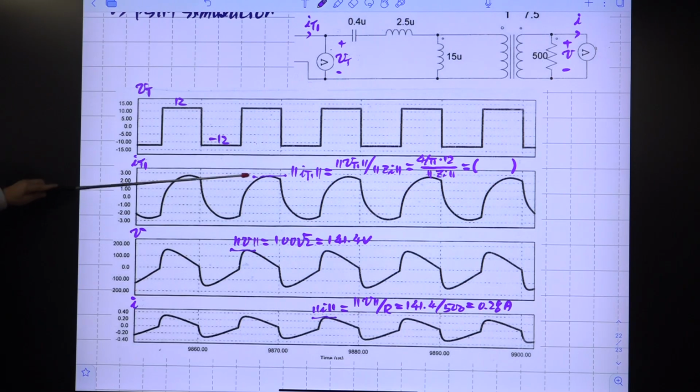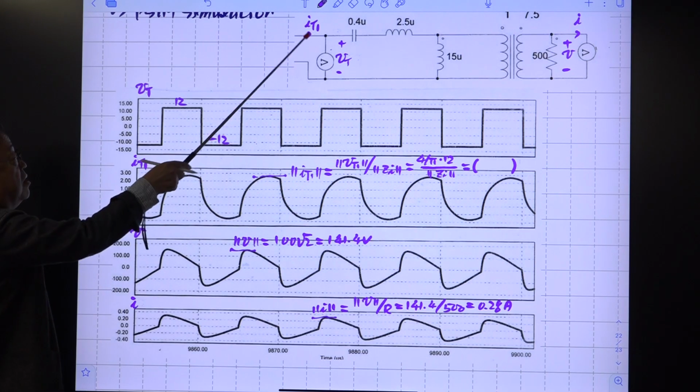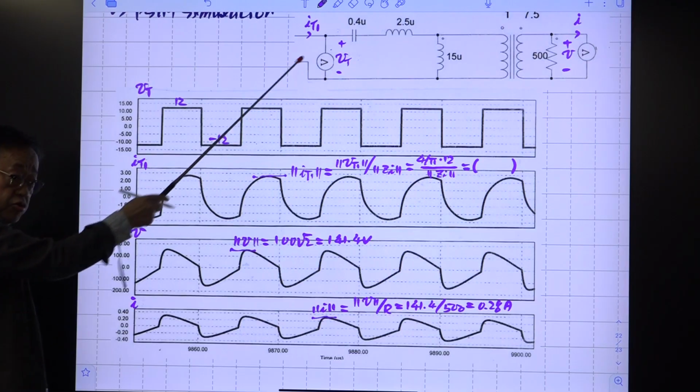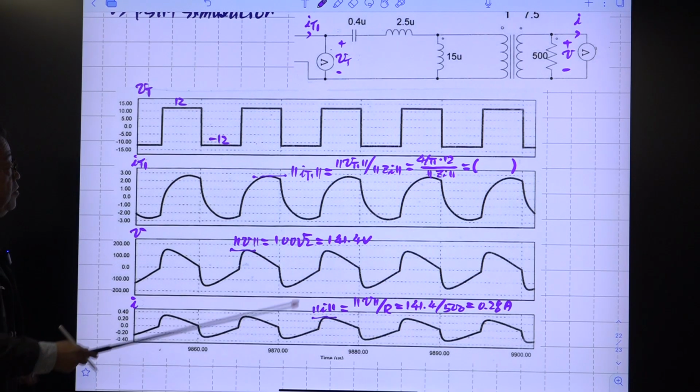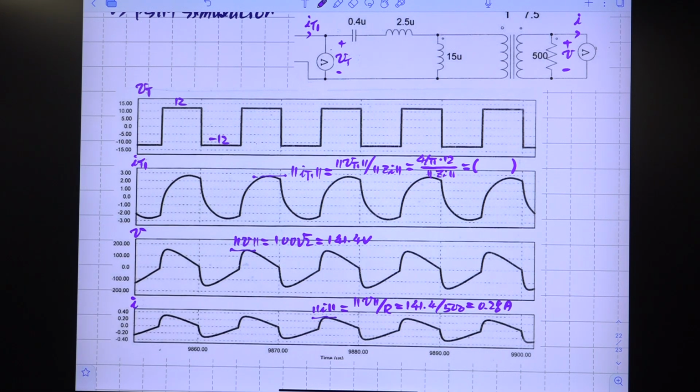And this peak value of tank current is evaluated simply by dividing the peak value of the first harmonic component of this one by GI. GI is evaluated at 100 kilohertz and R of 500 ohm.